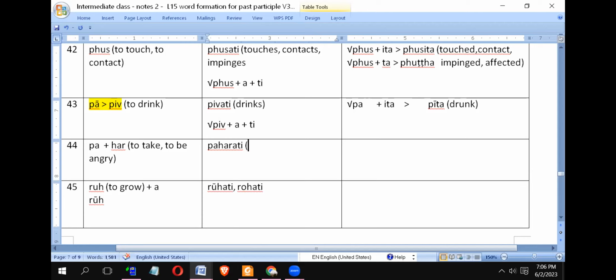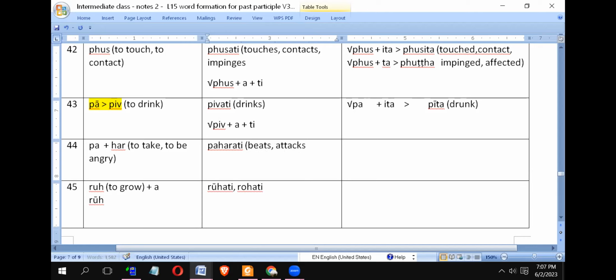Paharati. What's the meaning of paharati? Beats, or attacks.